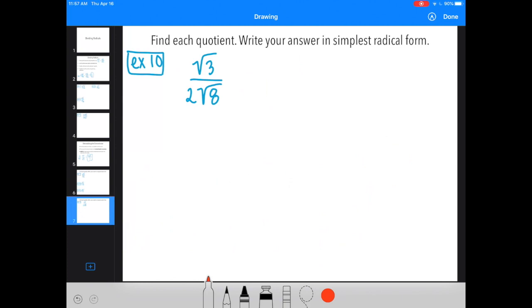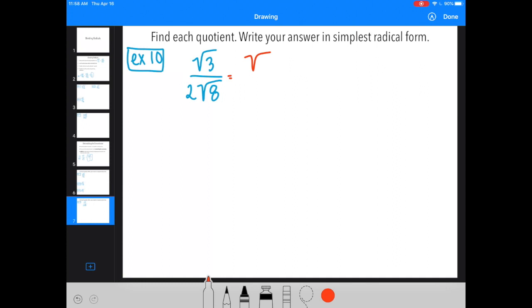Okay, one more problem. Challenge 1. Find each quotient. Write your answer in the simplest radical form. I have square root 3 over 2 square root 8. My first job is to see, can I simplify any of that at all? Yes, I can. 8 can be broken apart.